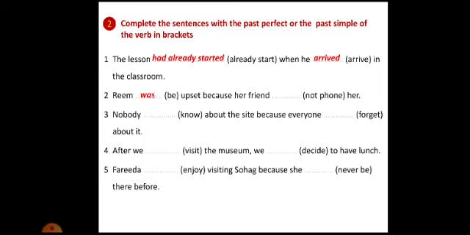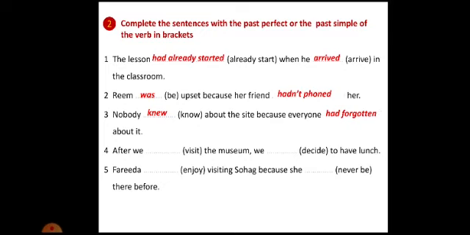It will be: Reem was upset because her friend hadn't phoned her, because there's not here. Now, number three, nobody know about the site because everyone forget about it. It's because again, so the same steps. It will be: nobody knew about the site because everyone had forgotten about it.